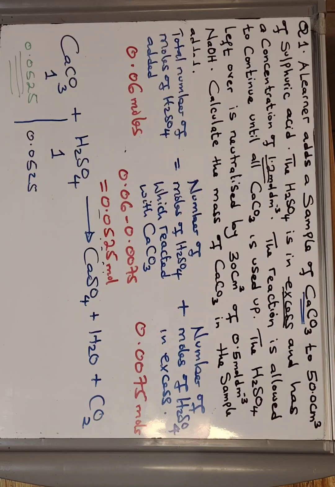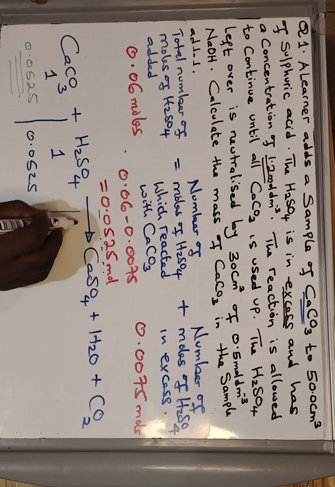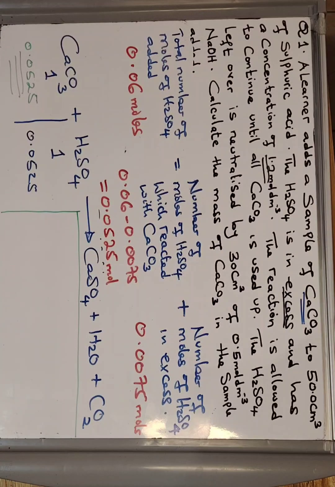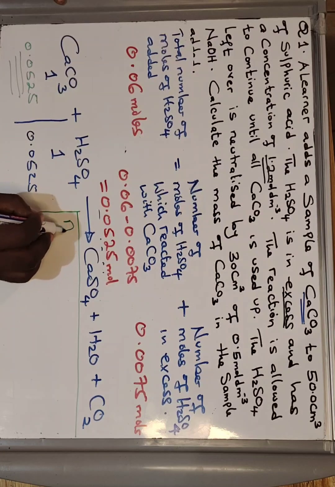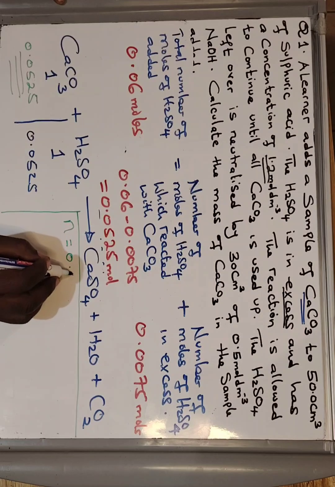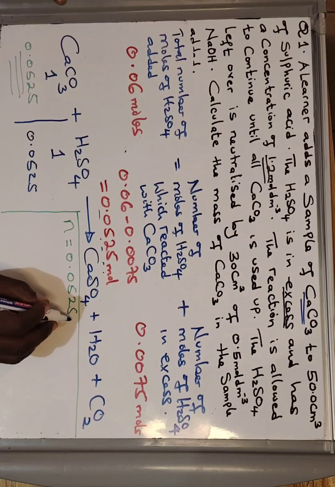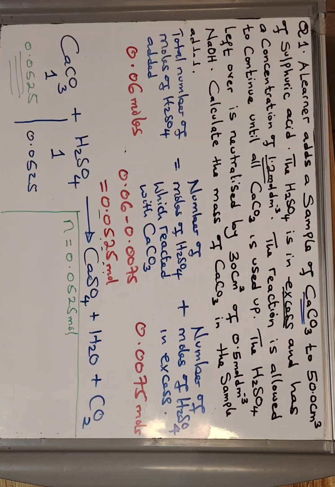Now, after getting this number, what do we do with it? Okay, let's squeeze our next work here. Hopefully it will be enough for us. So we come to our calcium carbonate. What do we know about it? We know the number of moles of calcium carbonate, which is 0.0525 moles. What else do we know? We know the molar mass of calcium carbonate.